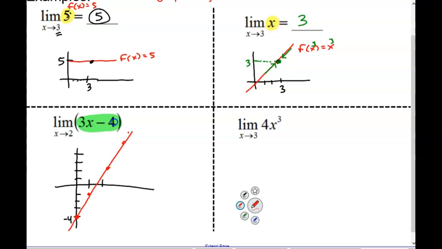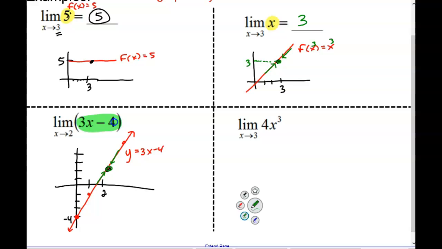If we had graph paper, it would look like a much better graph. But there's my equation, y equals 3x minus 4. I need to figure out what is the limit as x approaches 2. So, if we're thinking about this graphically, the limit from the left has to approach the limit from the right.